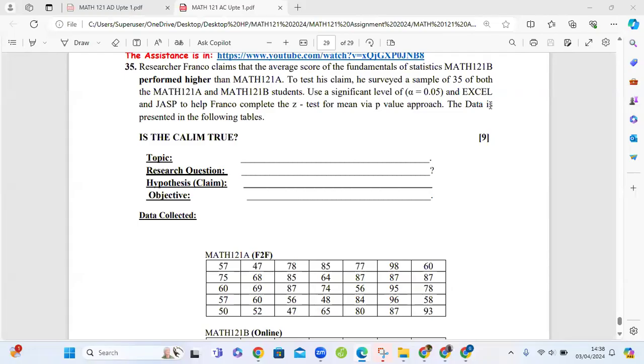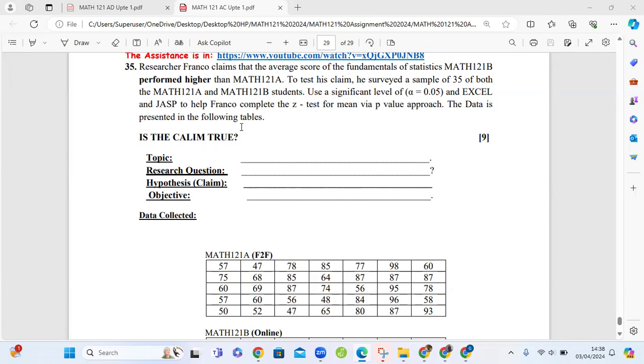This presentation is with regards to number 35 in assignment C, sorry, for Math 121. It says that researcher Franco claims that the mean score of the Fundamentals of Statistics Math 121B performed higher than Math 121E.